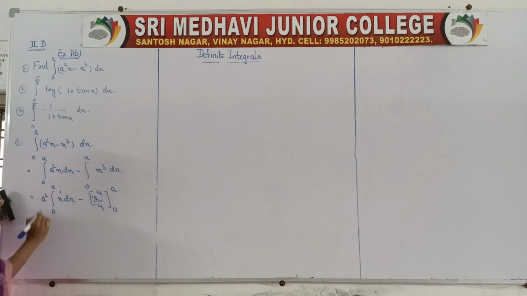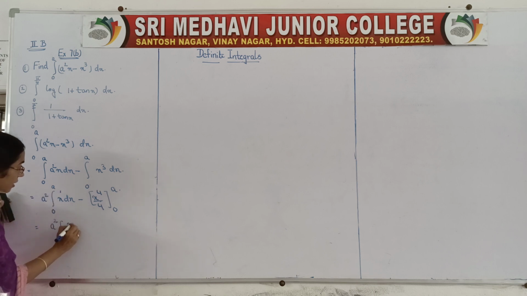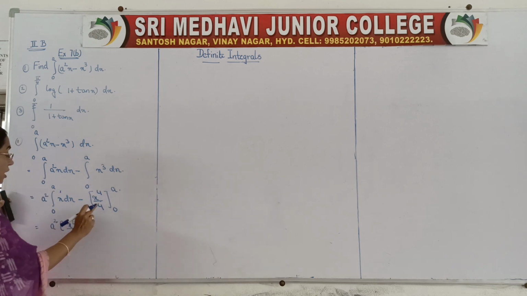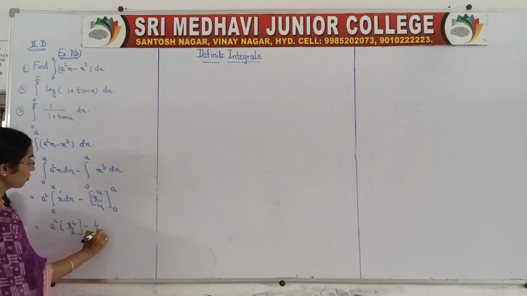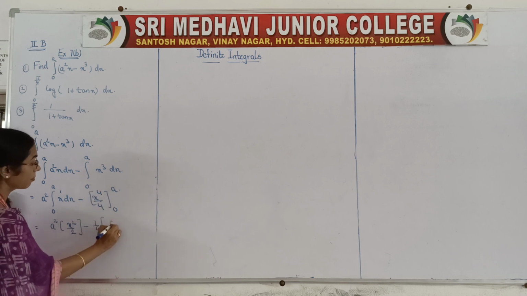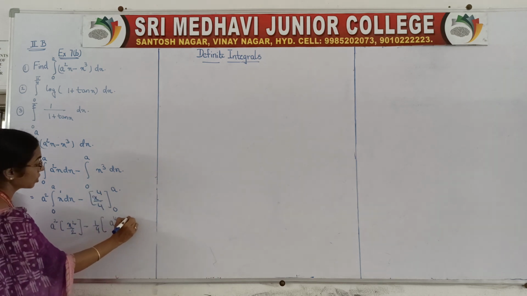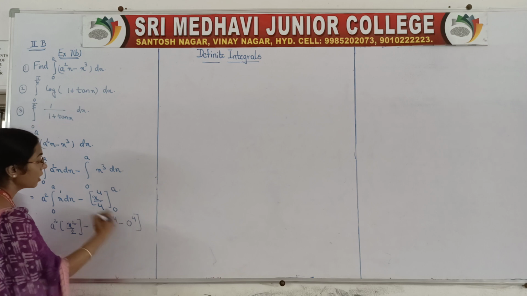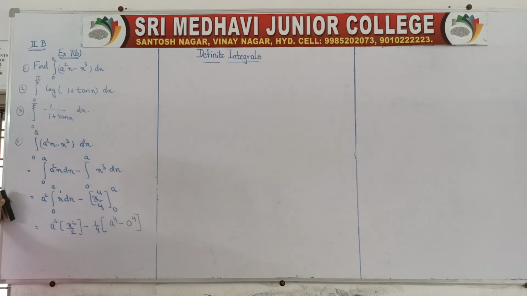Here also no power is there, which means we can take that power as 1. So it is a square and x to the power of n plus 1, that is x square by 2, minus, here you substitute first the upper limit in x place, then you substitute the lower limit. In x place you have to substitute these values.